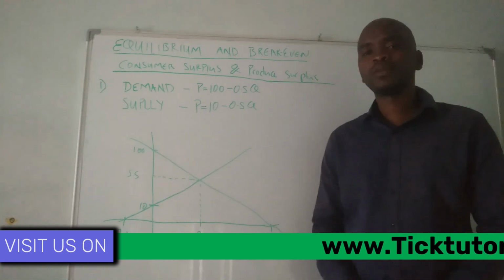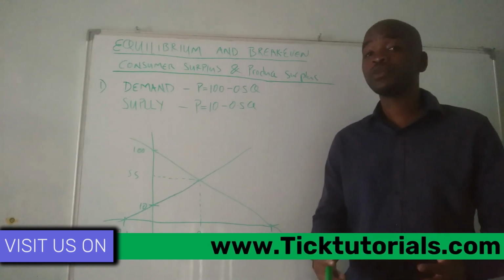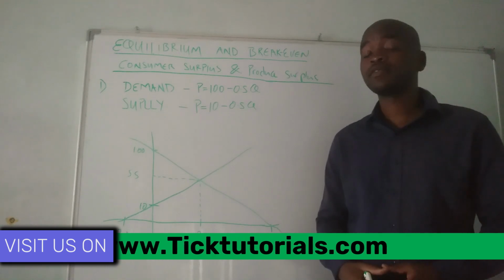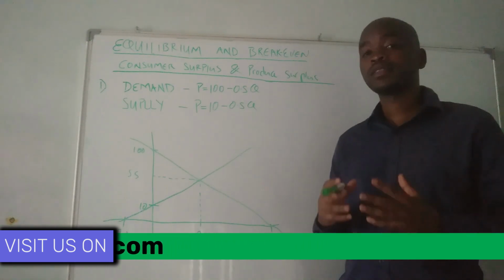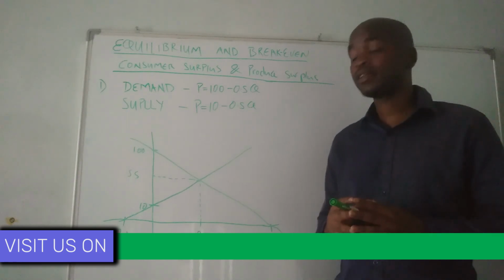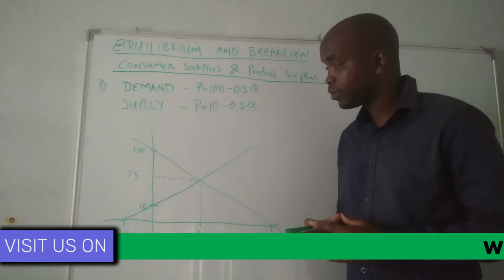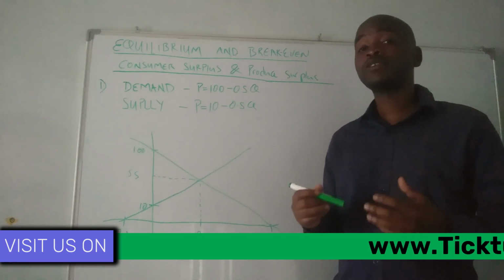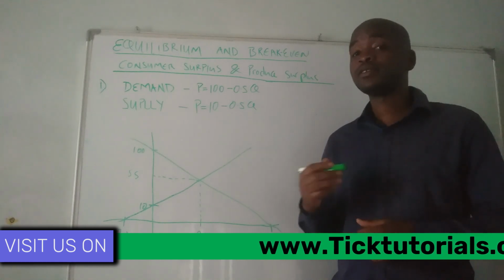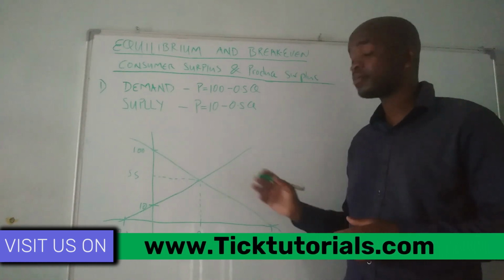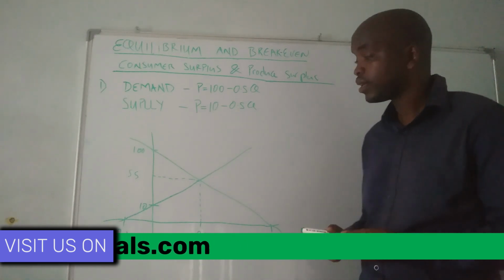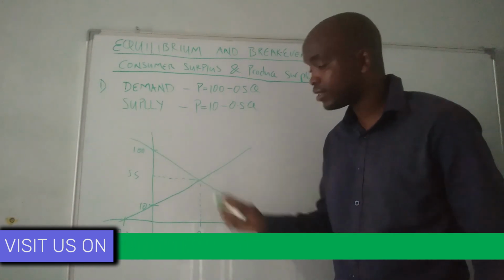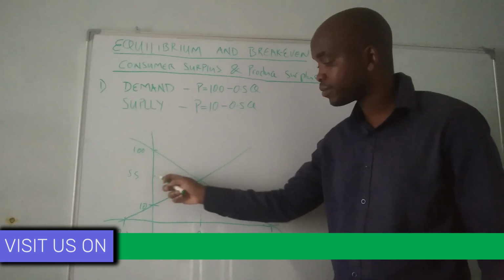To show the consumer surplus graphically, we have to look at our X-Y plane. After you've drawn your demand function and the supply function, the consumer surplus is indicated by this triangle here.